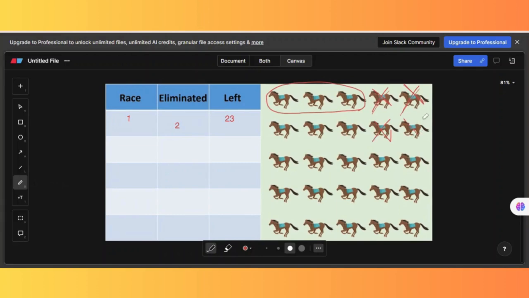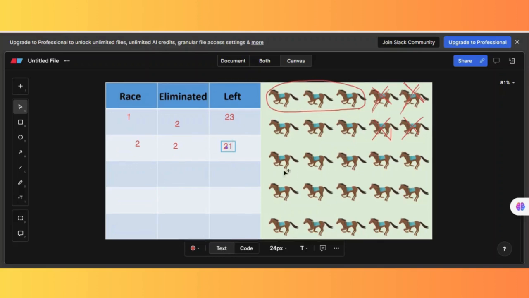In the second race, here also I will eliminate this one and this one. After elimination, I know the first, second, third positions for the second race. So I have eliminated two horses here, and the remaining 21 horses are left. In the third race, I will do the same thing.